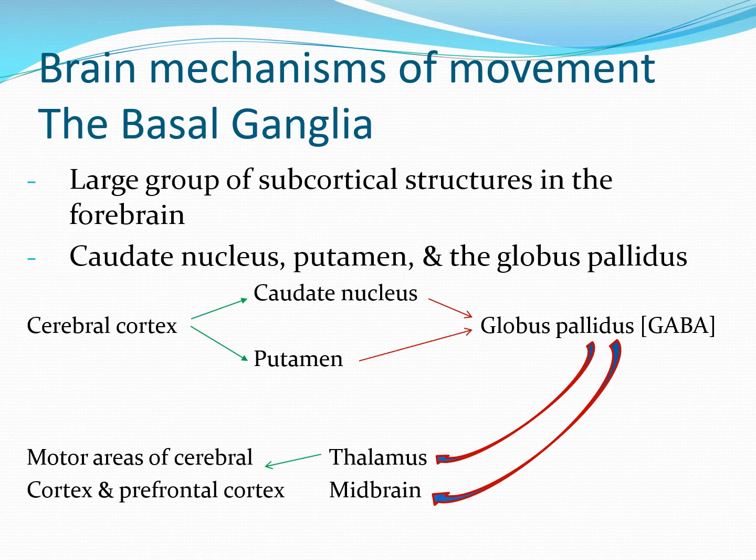This is a large group of subcortical structures in the forebrain that are involved in movements, as we'll see really the initiation of movements where we are internally guiding these movements. Okay, and people include in the basal ganglia at least the caudate nucleus, the putamen, and the globus pallidus.